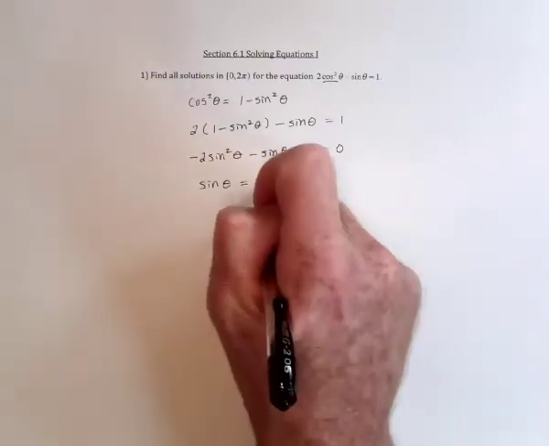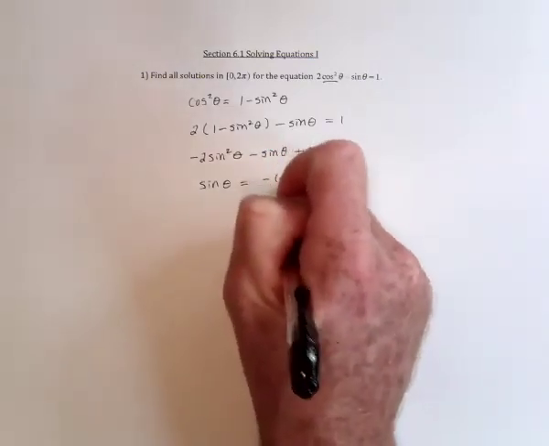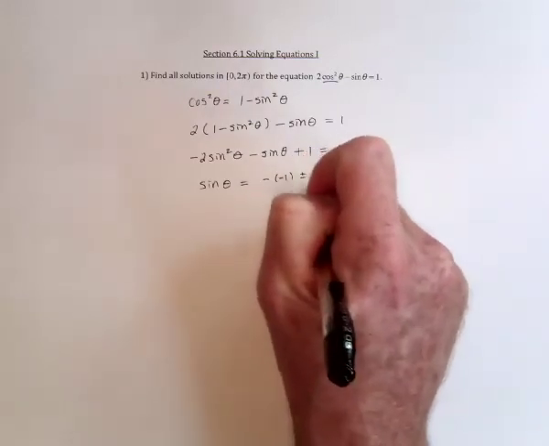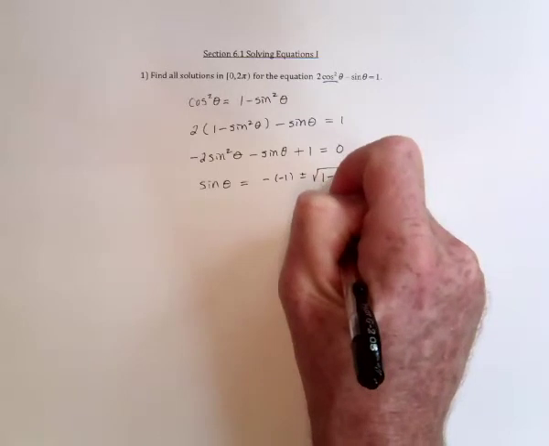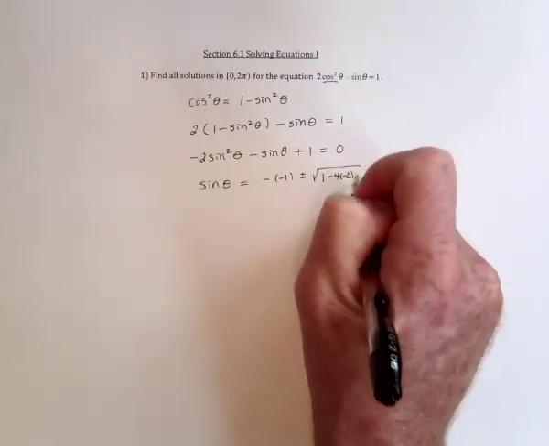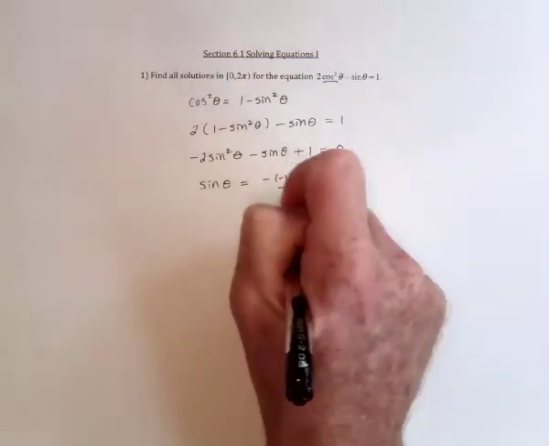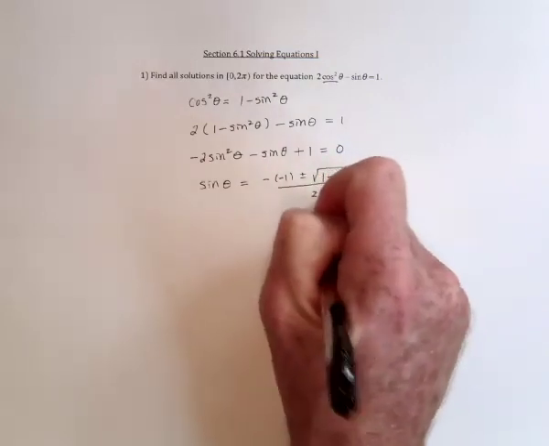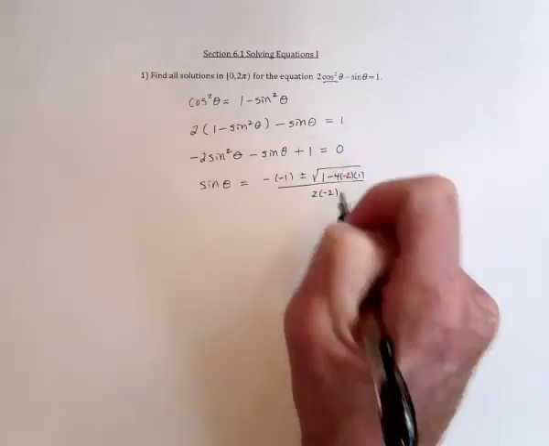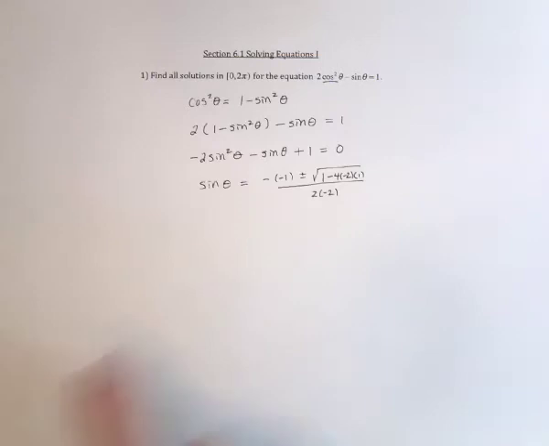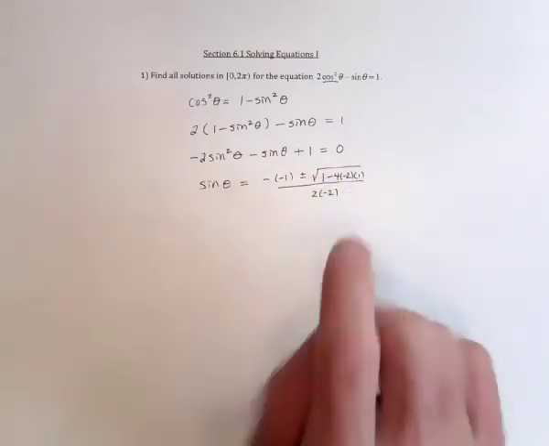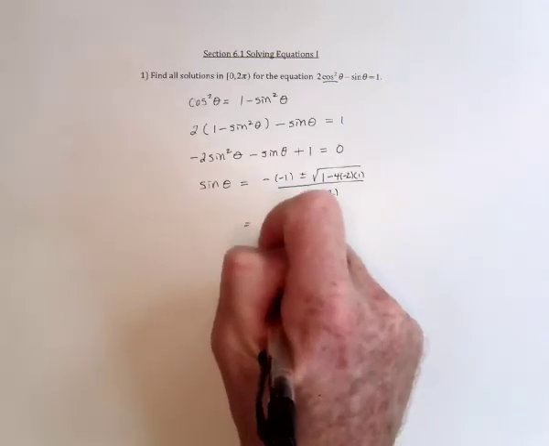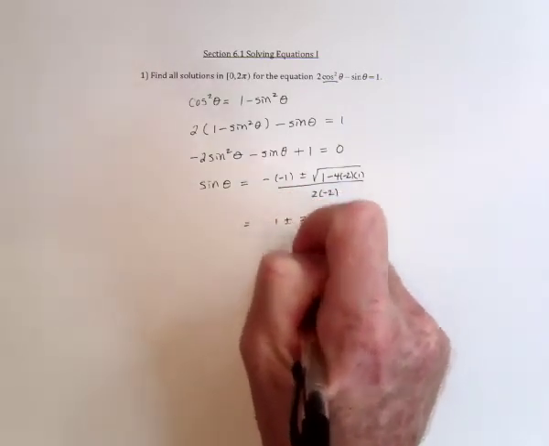So sine of theta is equal to negative b plus or minus the square root of b squared minus 4 times a and times c, all divided by 2 times a. So this turns out to be a positive 8 and a positive 1, so it's going to be the square root of 9.